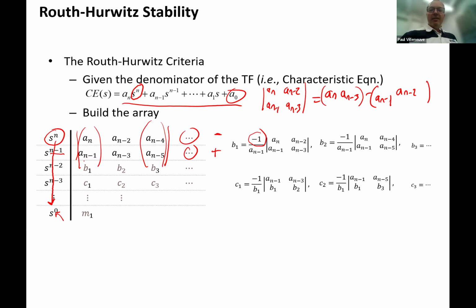So if you see, my B2 is negative 1 over an minus 1 times the determinant, still the first row, right? An over an minus 1. But now it's an minus 4 over an minus 5. And then B3, if I have it, I would be using that as my second row.